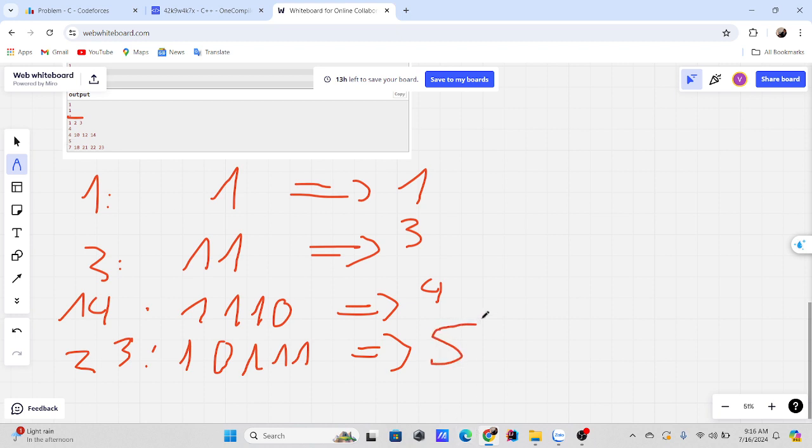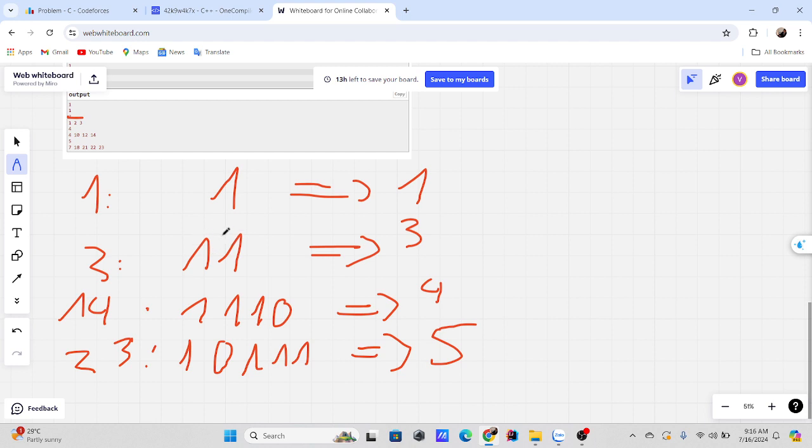So what is our pattern here? Let's see. If we skip the first test case, we can see that the total number of integers in this sequence is determined by the total number of ones in its binary form plus 1. As you can see, when n is 3, we have two ones, and the answer is 3, right?